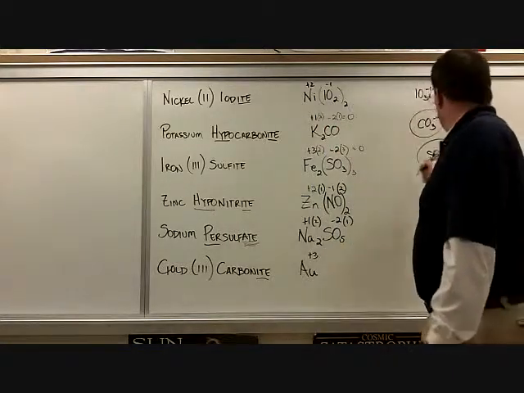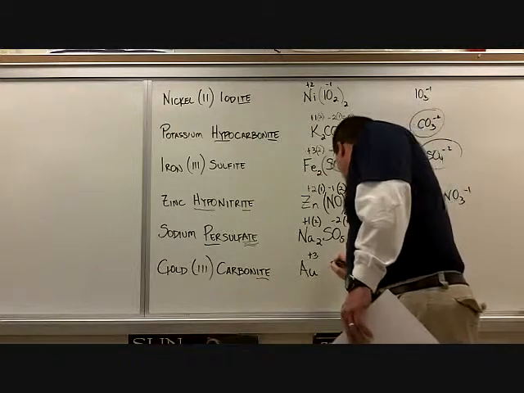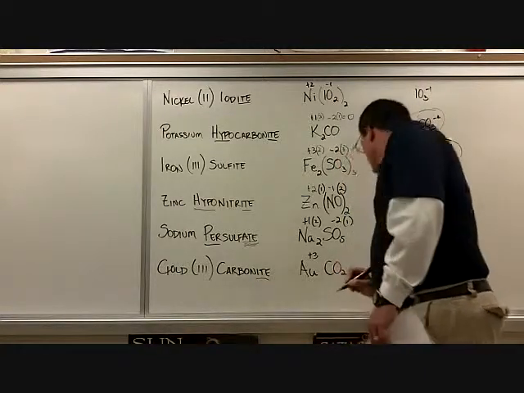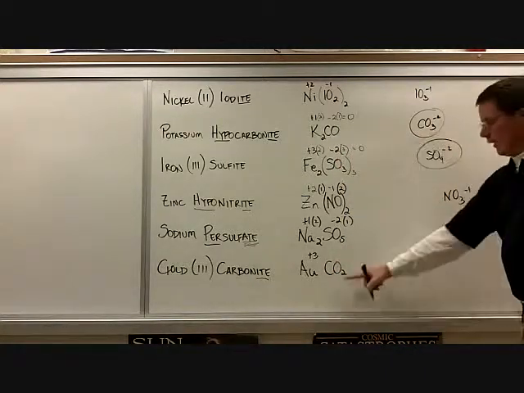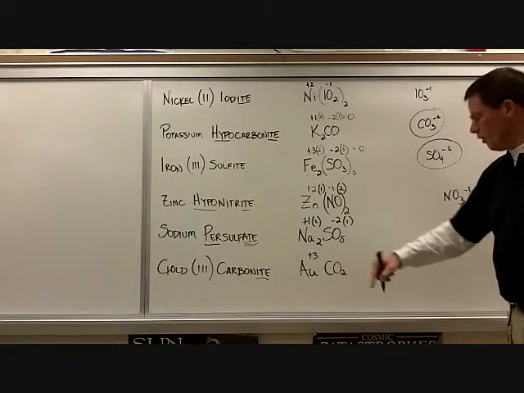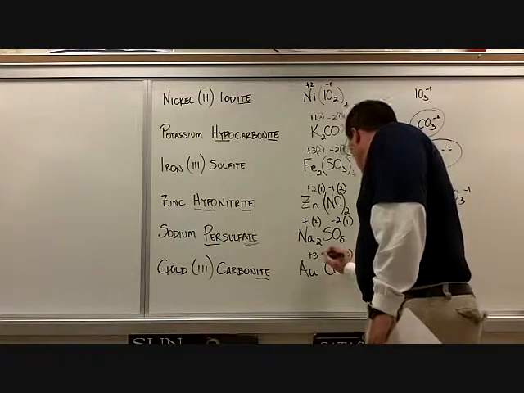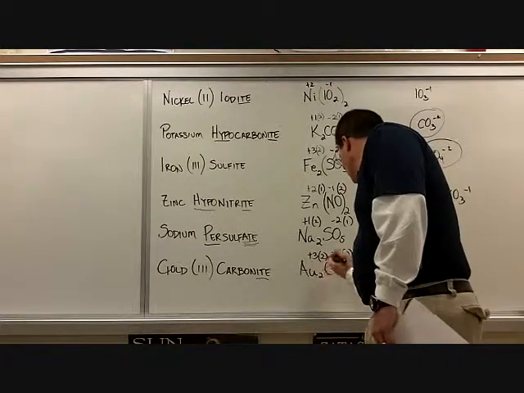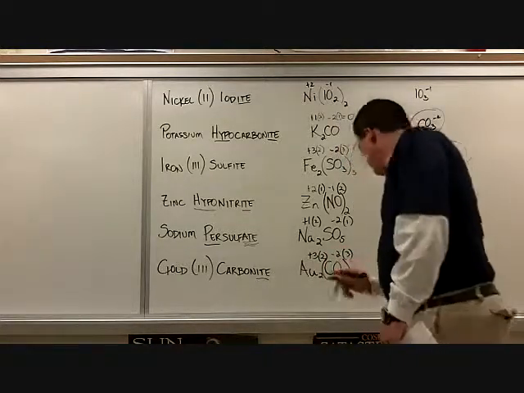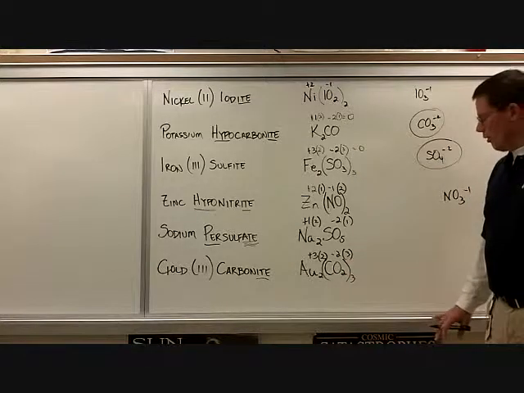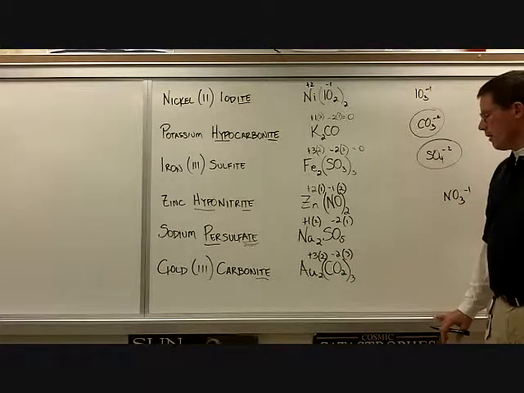And carbonite is carbonate with 1 less oxygen. So CO2, okay, that's not carbon dioxide, that's carbonite since it's in a compound. And it has a -2 charge, so that means we need 3 of those and 2 of those. Parentheses. There's your gold 3 carbonite.